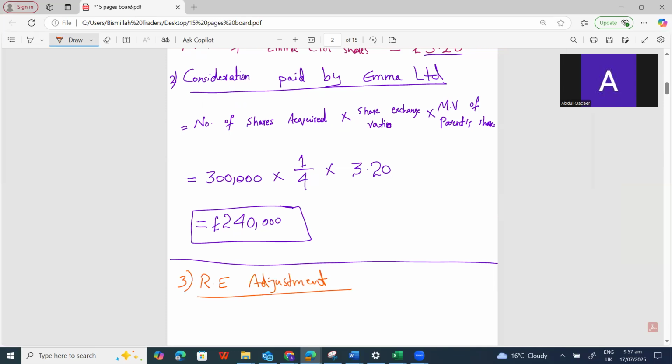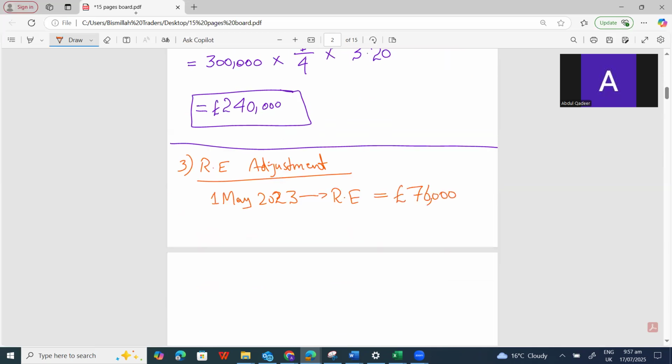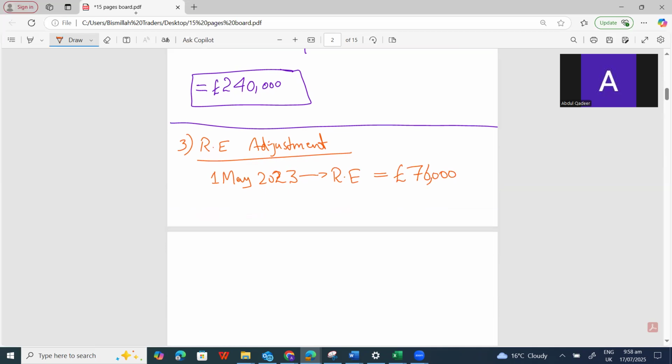They are saying on 1st May 2023, retained earning is equal to 76,000 pounds. Okay, are you clear right now? I hope you are clear right now.